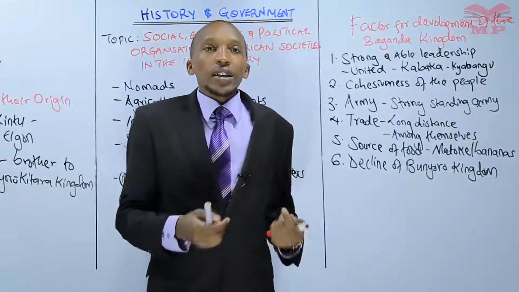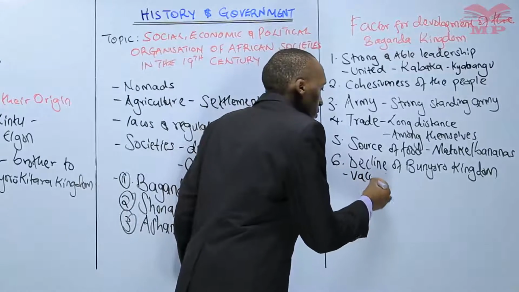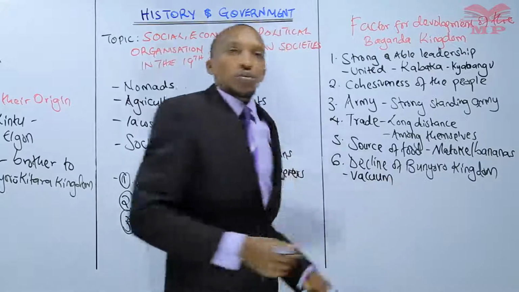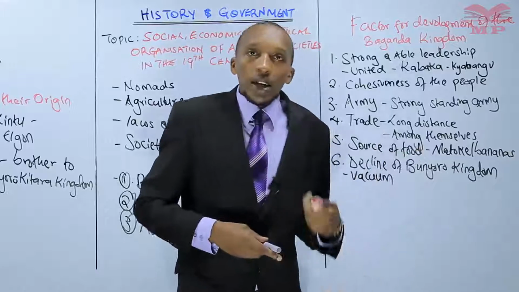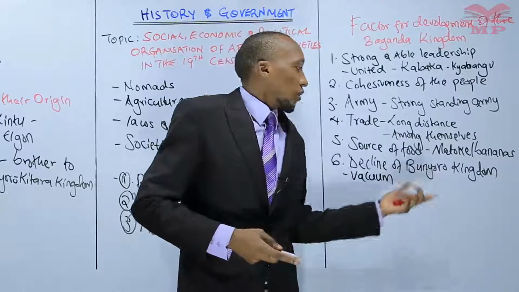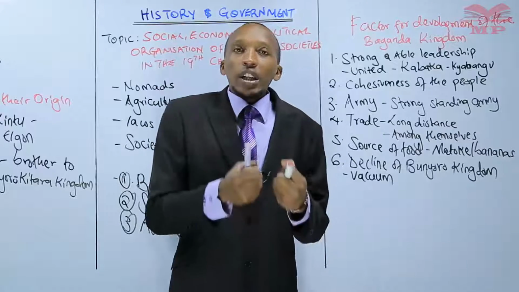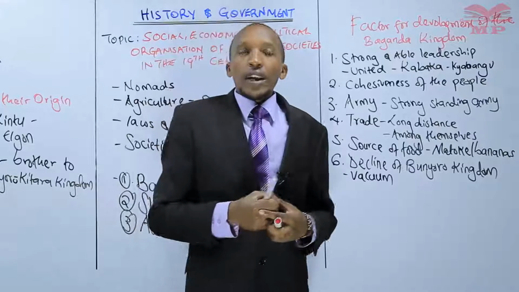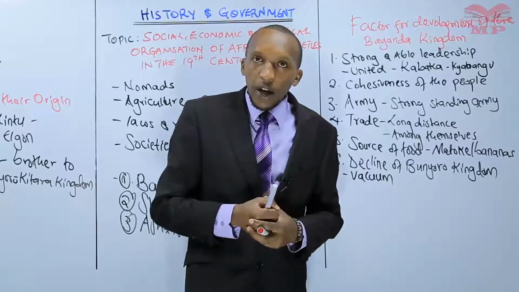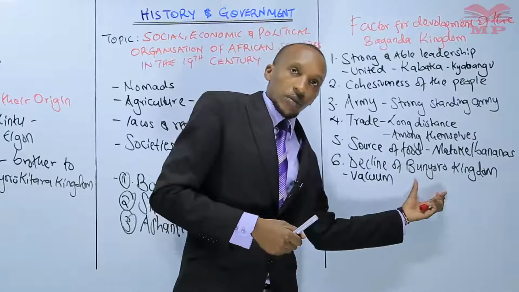So that created a vacuum, a vacuum that was now replaced by the Baganda Kingdom. After the decline of the Bunyoro Kitara Kingdom, the Baganda put themselves in a place where they were able to control the affairs of East Africa as a kingdom, because this was their biggest rival.